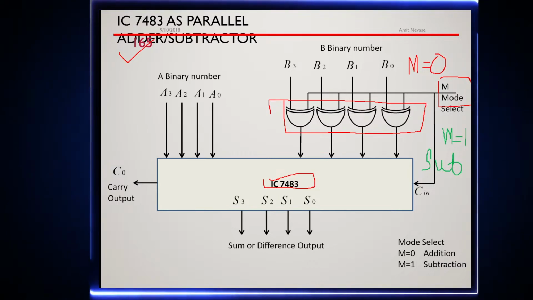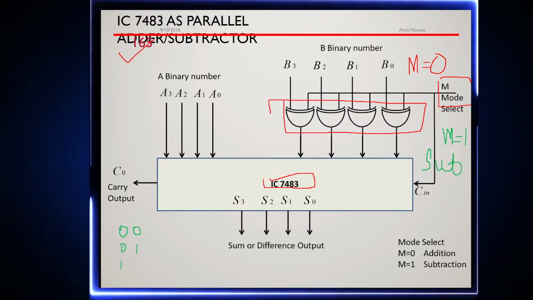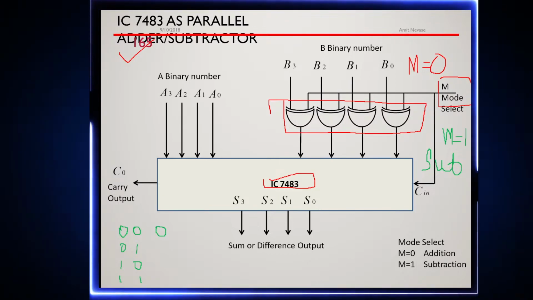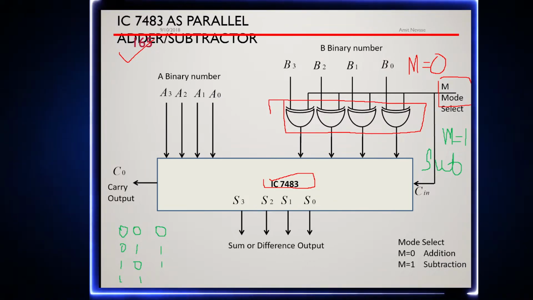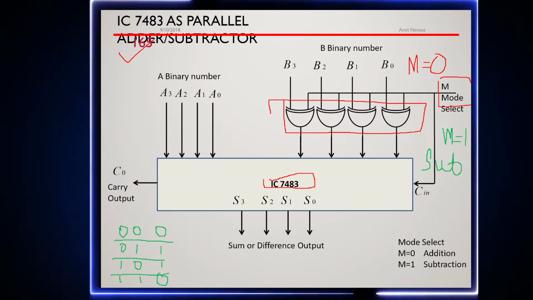Now why is this so? Let me draw the truth table of an XOR gate. These are the four inputs that we have: 0 0, 0 1, 1 0 and 1 1. We all know that when both the inputs of an XOR are the same, it will give a low output, and when both the inputs are different, it will give a high output, right?